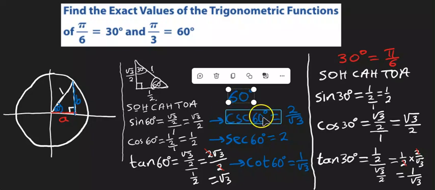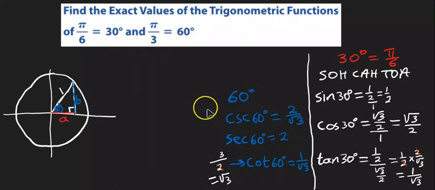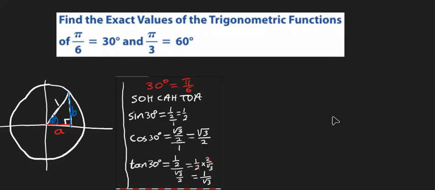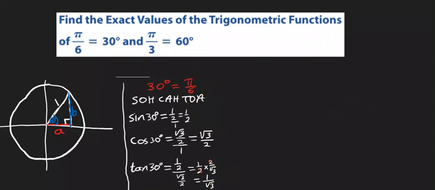Now, to find the reciprocals of these trigonometric functions when the angle is 30, let's delete all this. We don't need this anymore. Now let's get the reciprocals. The reciprocal of sine 30 degrees, let me use red color, is csc 30 degrees.